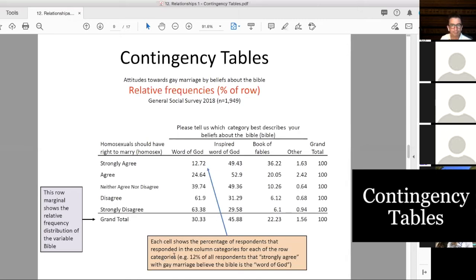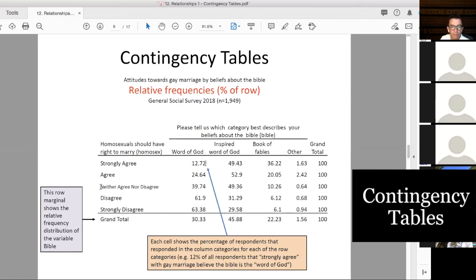For example, we would say, this is almost 13. So 13% of all respondents that strongly agree with gay marriage, 12% of respondents that strongly agree believe that the Bible is the actual Word of God. Right? That's what it's telling us.